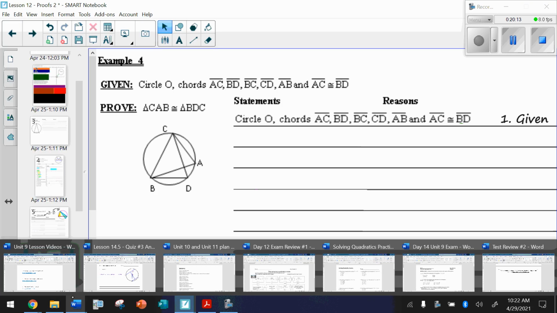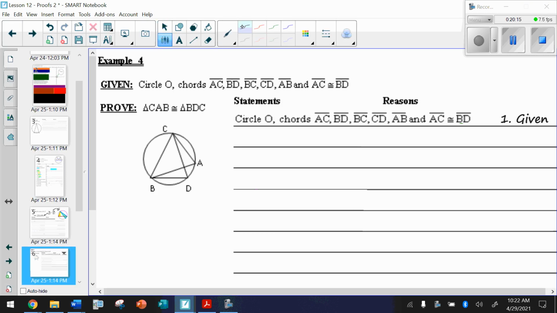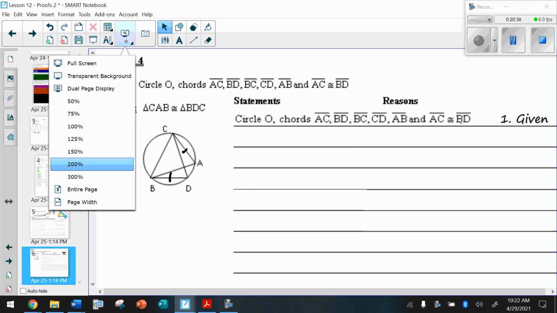I guess I should go ahead and mark it. Okay, so that's really all we got. One pair of equal segments. Let's move those. There we go. We got one pair of equal segments and we have a circle, and the rest of it's up to us to figure out.